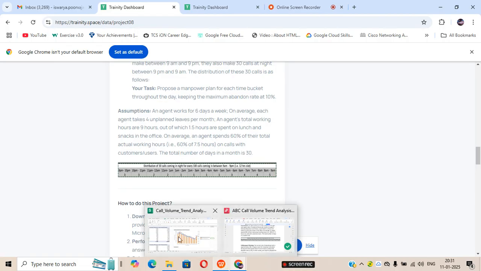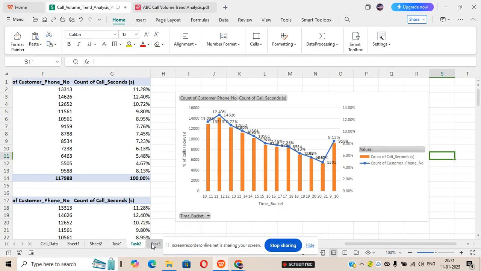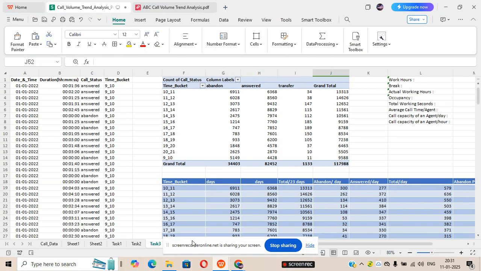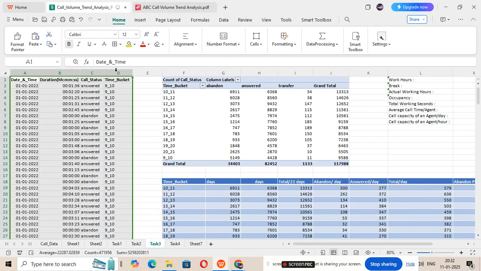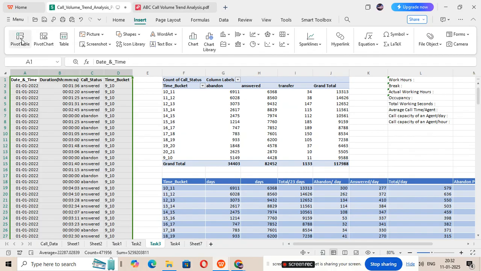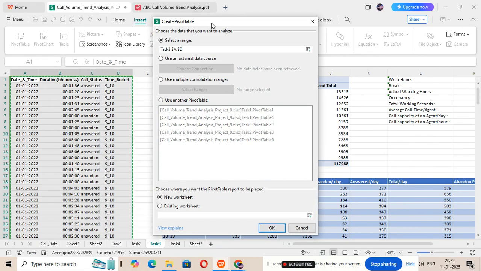Moving to the task. For this task, I have taken date and time, duration, call status, and time bucket, and calculated a pivot table. Insert pivot table.